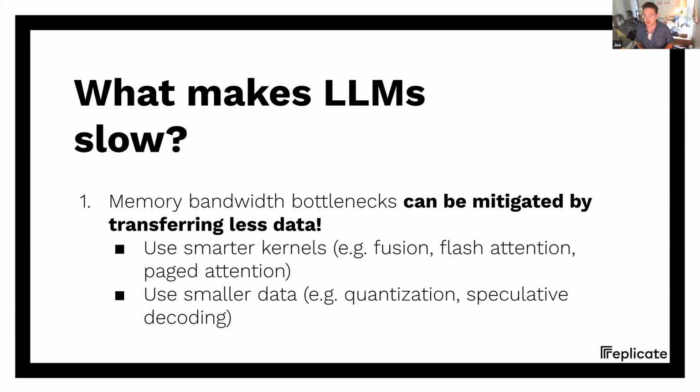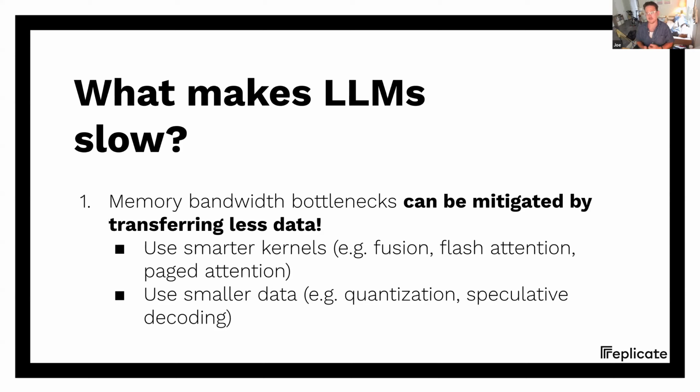For example, you can fuse kernels, and kernels are just functions that run on a GPU. That's it. You might have a softmax kernel, a layer norm kernel, an attention kernel, etc. Fusion is when you combine these kernels. And if you combine them in an intelligent way, you can minimize data transfer. That's great. It decreases the bottleneck effect.